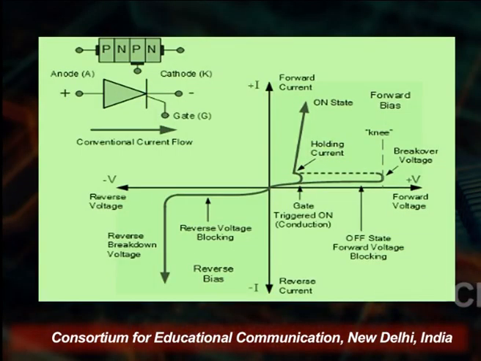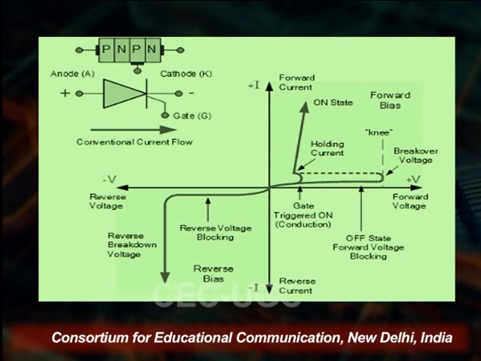The operating voltage or current can define the characteristics of the silicon controlled rectifier in the forward and the backward direction, as here on the screen. We can see that it is a PNPN thyristor, and on the left hand side you see the symbol: anode is the positive terminal and cathode is the negative terminal.